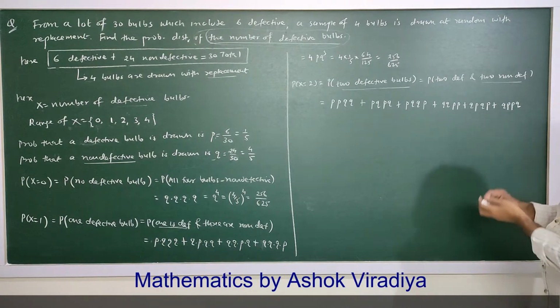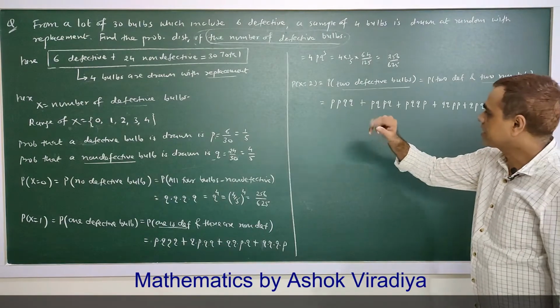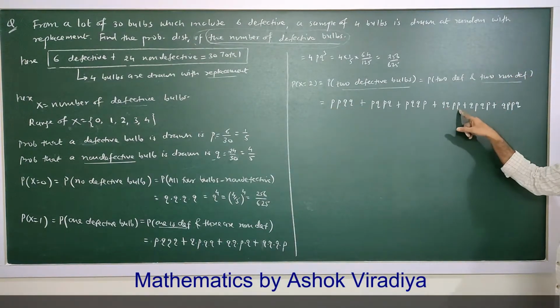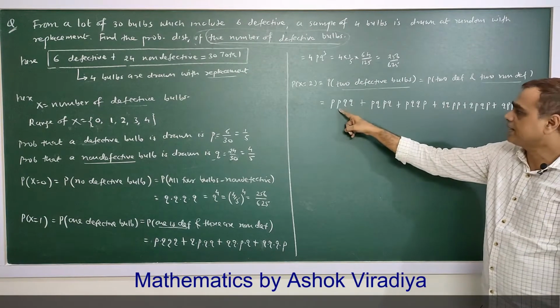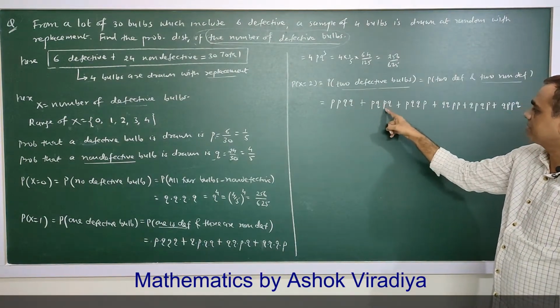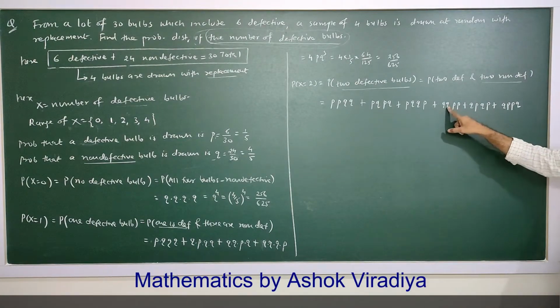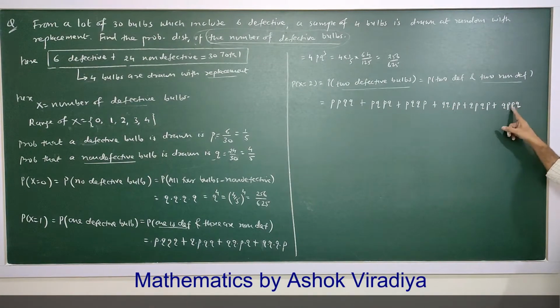So see, nothing is missing here. Let us check once again. P, P, Q, Q, Q, Q, P, P. Then this P I am rotating here, P second place, P third place. Then Q, Q, P, P. This Q I am rotating, Q second place, third place. So 1, 2, 3, 4, 5, 6.